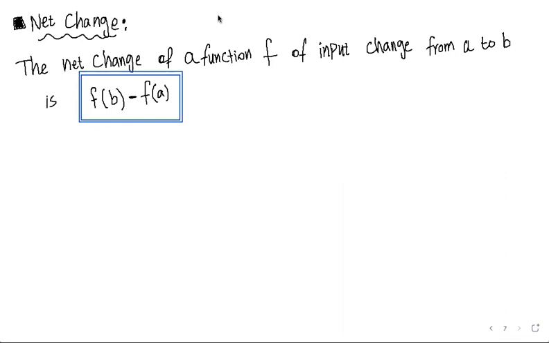Okay, let me give you an example. The question is, let f of x equal x squared. My function is x squared. Find the net change.